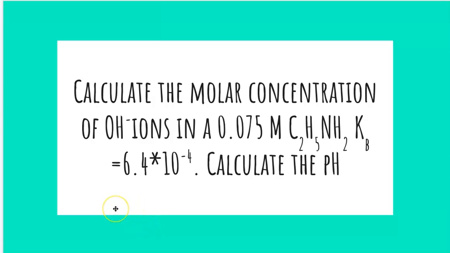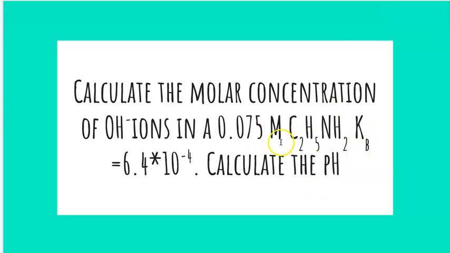Okay, here's a little bit different problem. I want you to calculate the molar concentration of OH. I want the concentration of OH minus. Here's your starting concentration of this compound and the Kb. I also want you to calculate the pH.